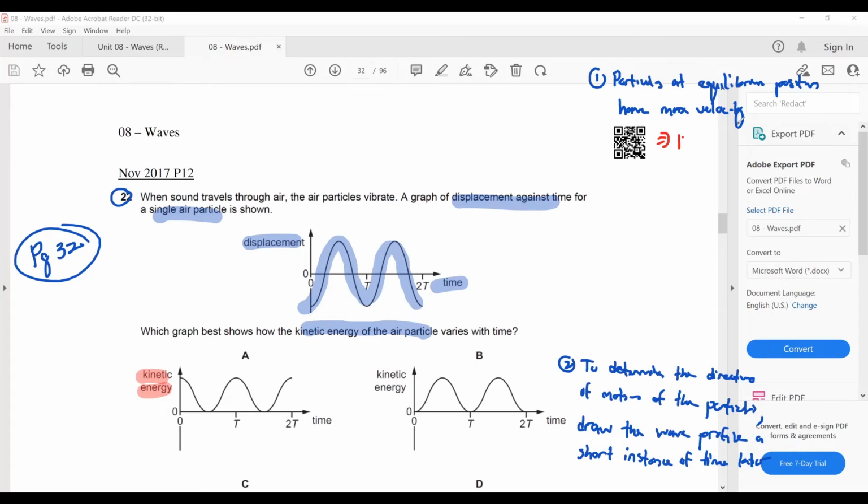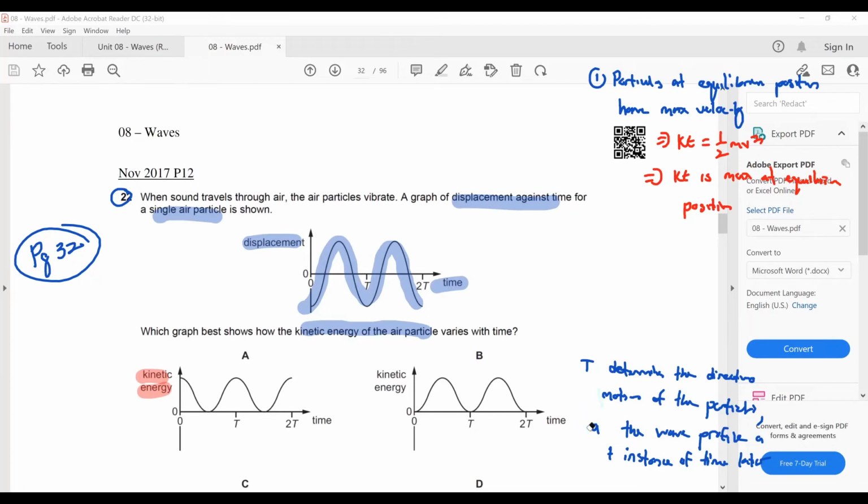So you know that KE is equals to half mv squared, right? So KE is max at equilibrium position.